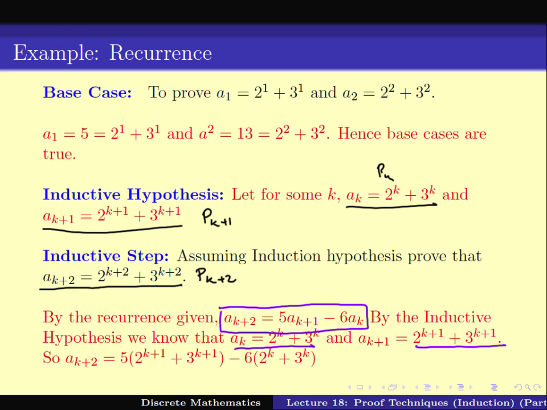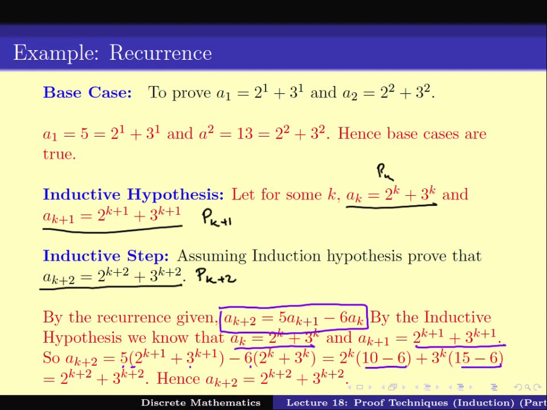And now a little bit of arithmetic will show that if we take 2^k out, we get 2 times 5 from here, which is 10, and 6 from here. So 2^k times (10 minus 6) plus 3^k times, then 15 from 3 times 5 here, 15 minus 6. As you can see, this is equal to 4, and this is equal to 9.